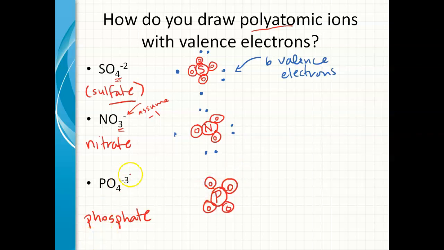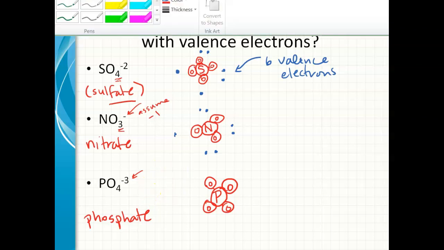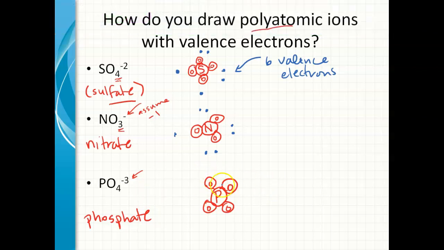So now this has a -3 charge. That tells us it's going to gain 3 electrons. And if it's going to gain 3 electrons, how many electrons did it originally start with so that it can get 8? Well, we know that it wants to have 8. If it wants to gain 3 electrons to get that 8, it must have started with 5.